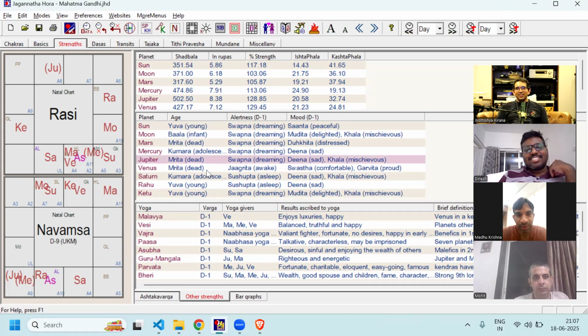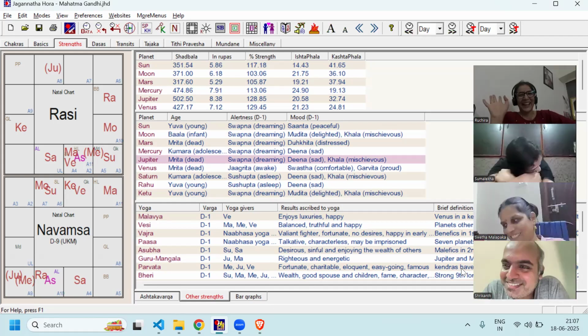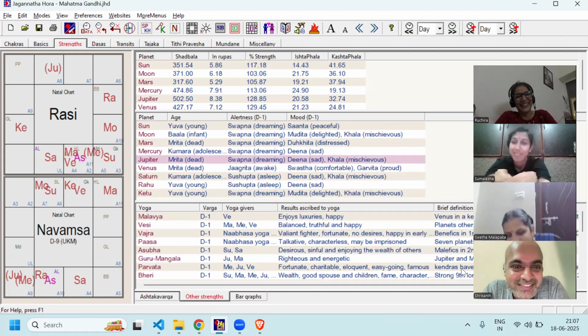I have seen a chart with Buddha in Mritavastha, but with very strong Shadbala. Mind. I used to be bothered with the intellect. But yes, I can relate to it now.